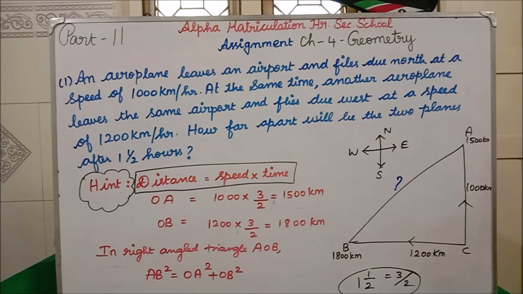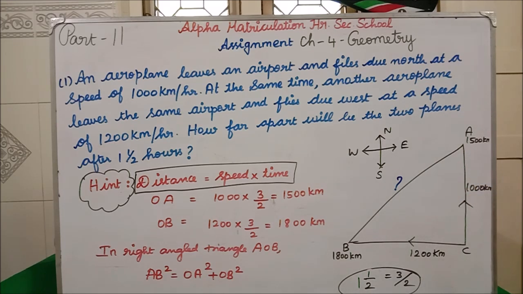Speed. Then at the same time another aeroplane leaves the same airport and flies due west. West is in which direction? This side. So at the same time both aeroplanes leave: the first towards north and the second towards west.